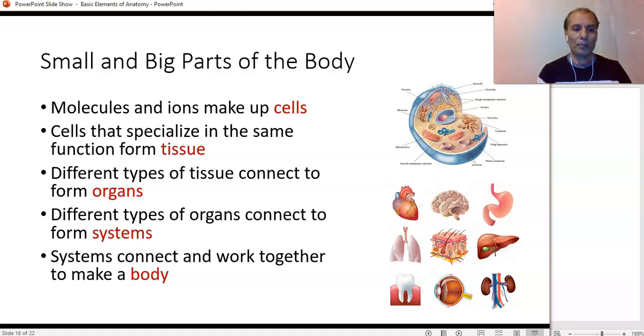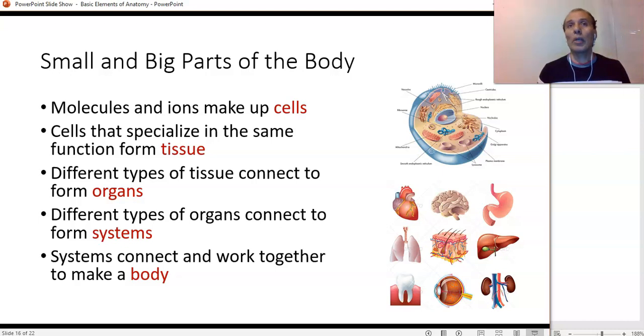For example, the digestive system. It consists of the mouth, the pharynx, the esophagus, the stomach, the large intestines, the small intestines, and so on. So all of these are different organs of the same system. The stomach is an organ.